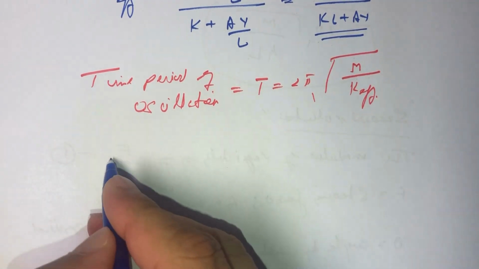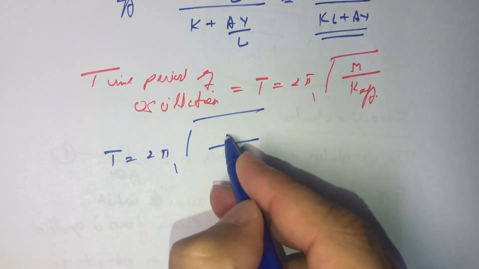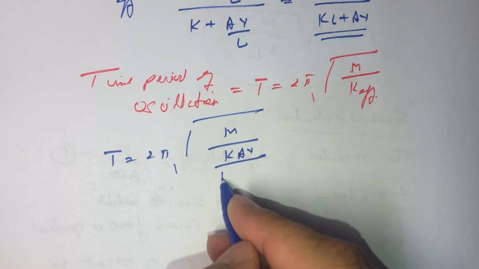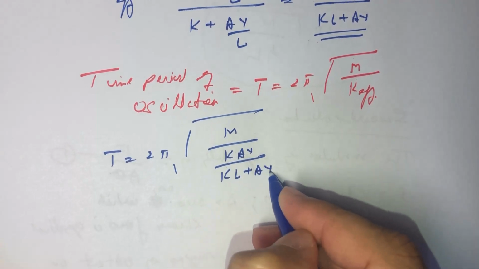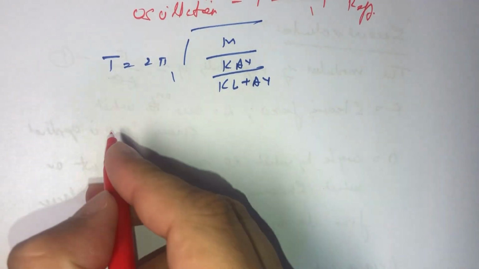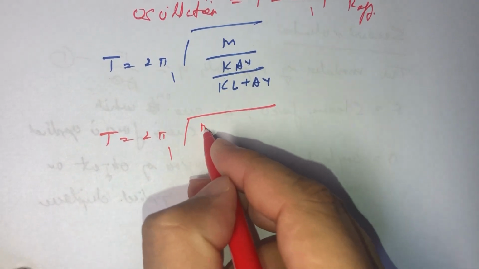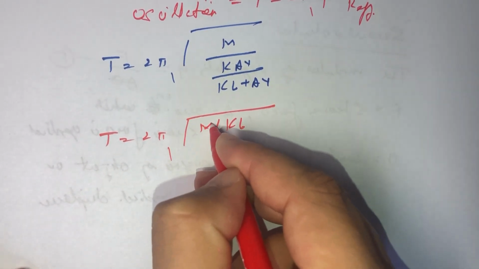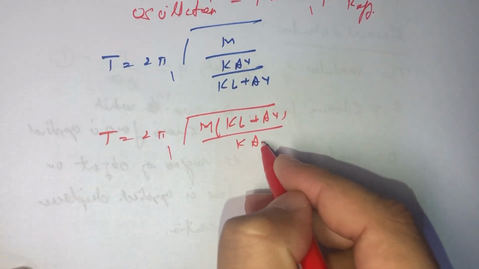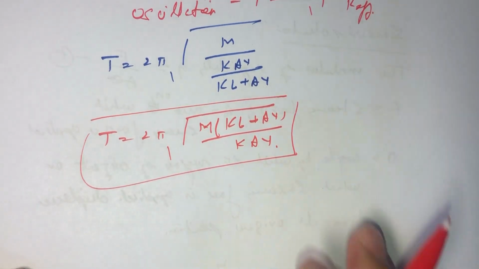We substitute the value, and we get T equals 2 pi square root of M, and we have KAY divided by KL plus AY. And now to simplify the calculation, it will be coming as M multiplied by KL plus AY divided by KAY. So this is the time period of oscillation.